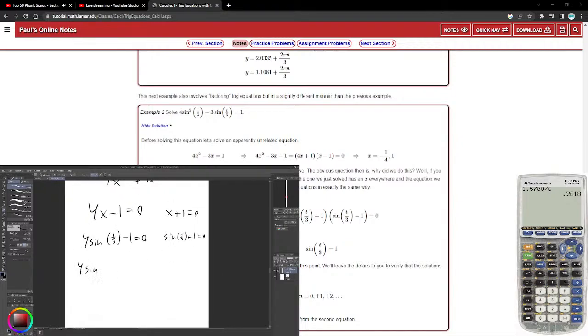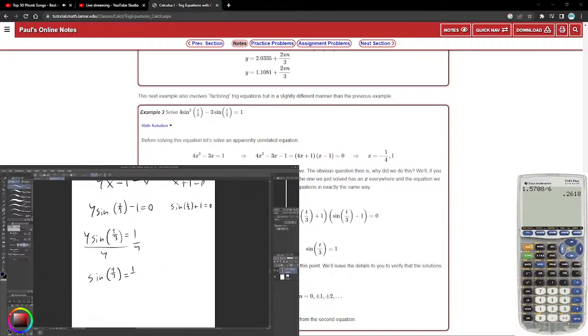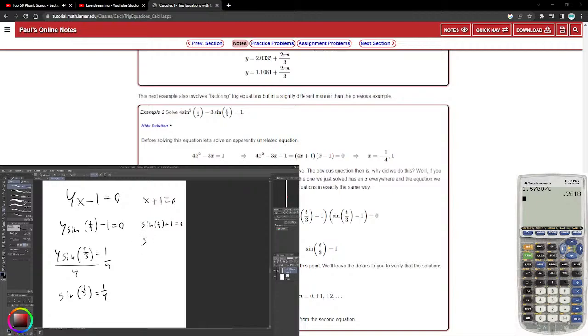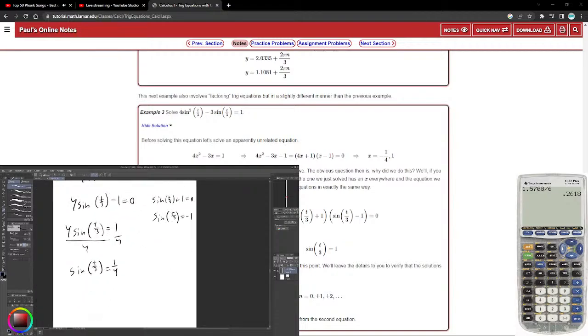Okay, these are a lot easier. 4 sine t over 3 equals 1. Divide by 4. Sine t over 3 equals a fourth. Over here we got sine t over 3 equals -1.